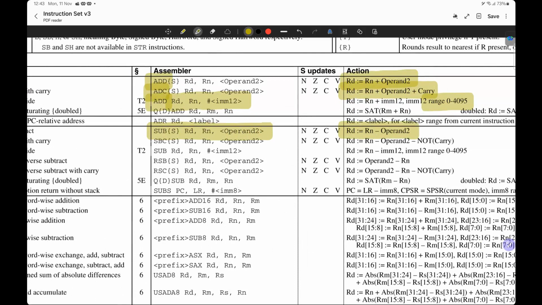For SBC, Rd, Rn, operand 2, the operation is Rn minus operand 2 minus NOT carry. This means that if you have a carry, you need to invert the carry and subtract it along with operand 2 and Rn.